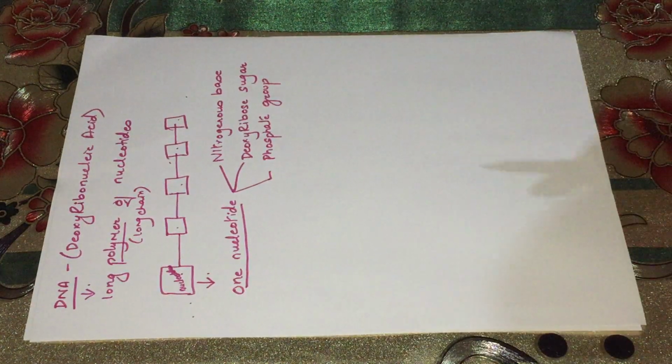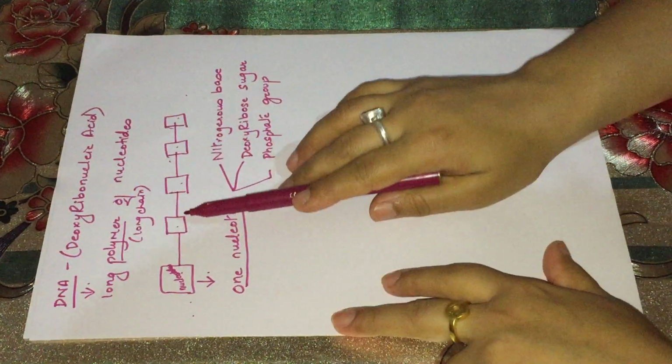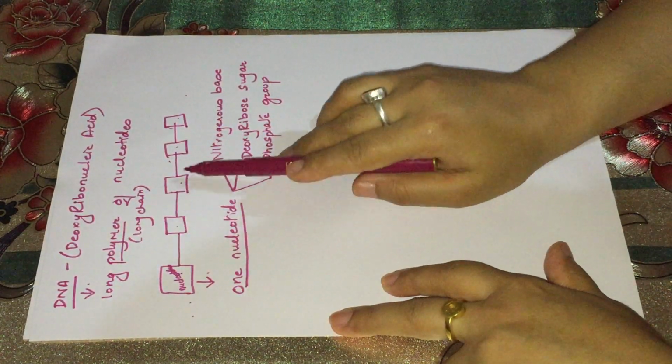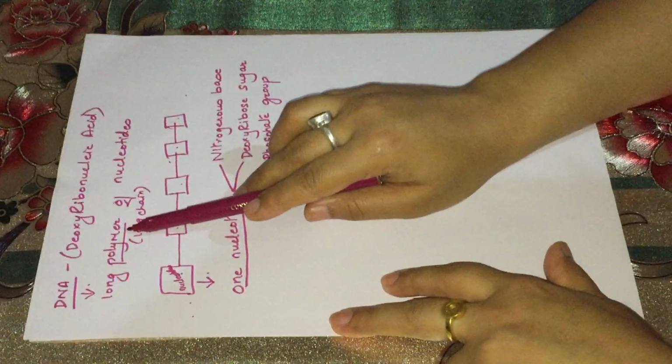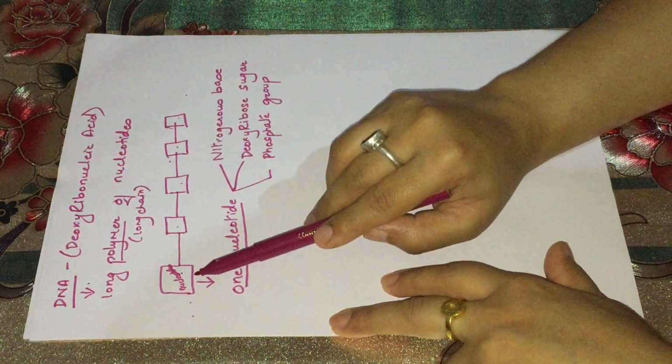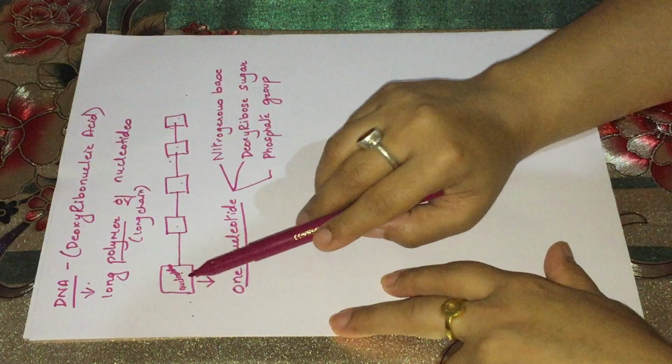So DNA is made up of more than one nucleotide, that means a long polymer of nucleotides, more than one unit.